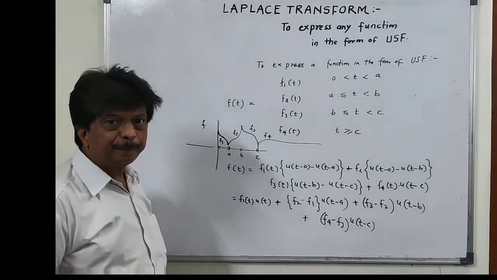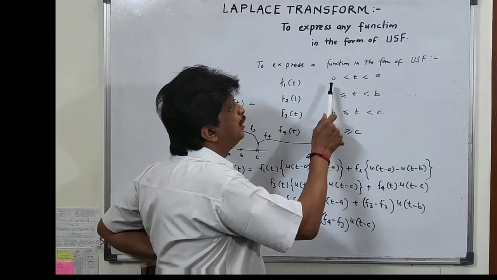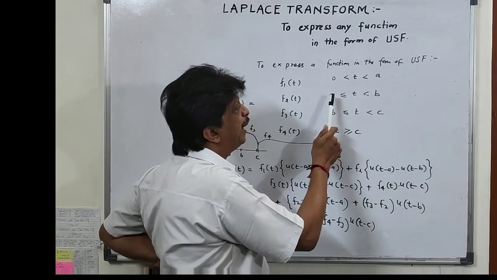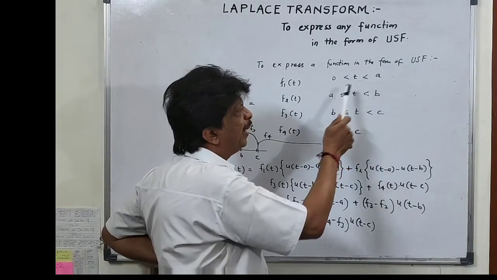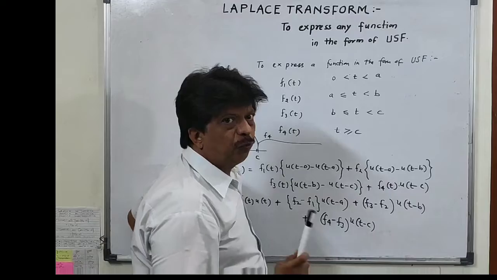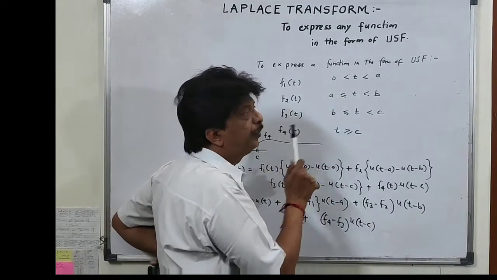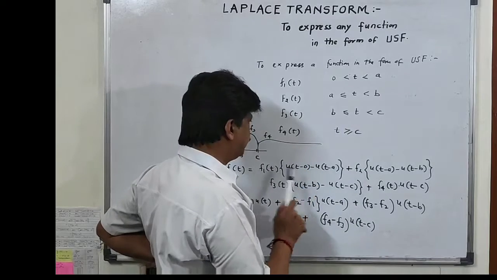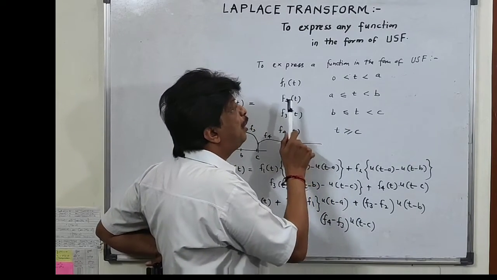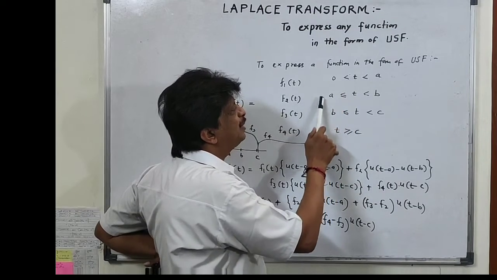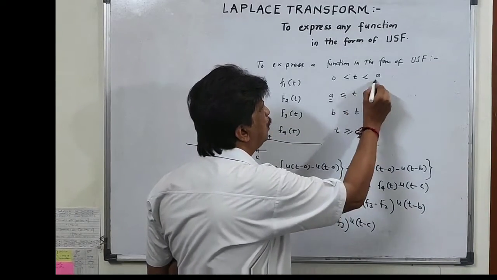So how to remember this? In the first and second band, the first band is 0 to a, the second band is from a to b. In these two bands, what is common? A. So the first term is always f1 of t into u of t minus 0. Plus the second term is f2 minus f1, because in both these bands a is common.